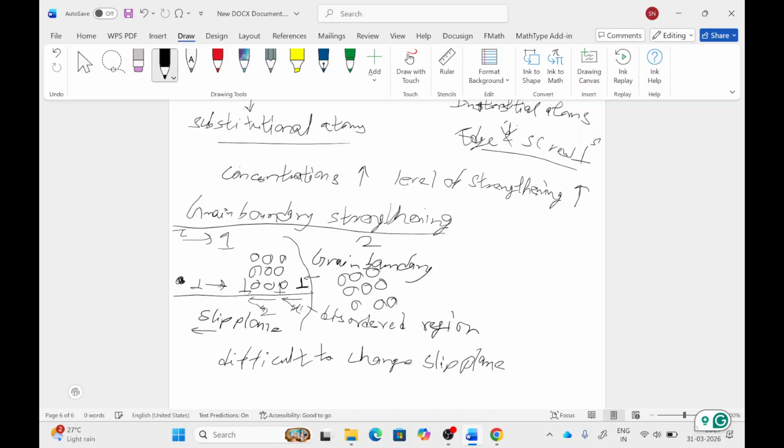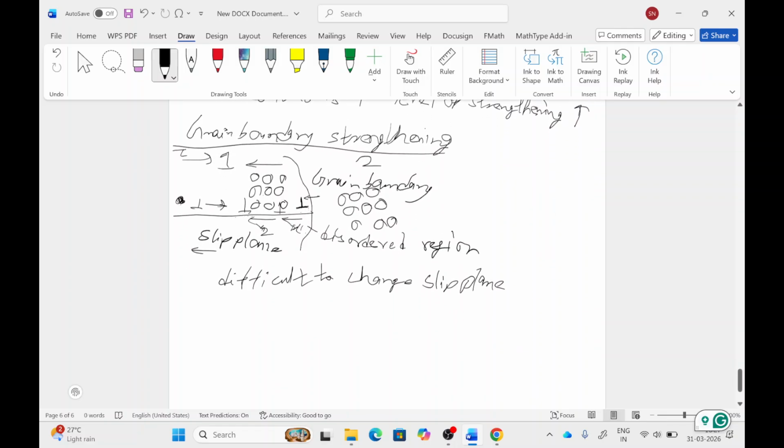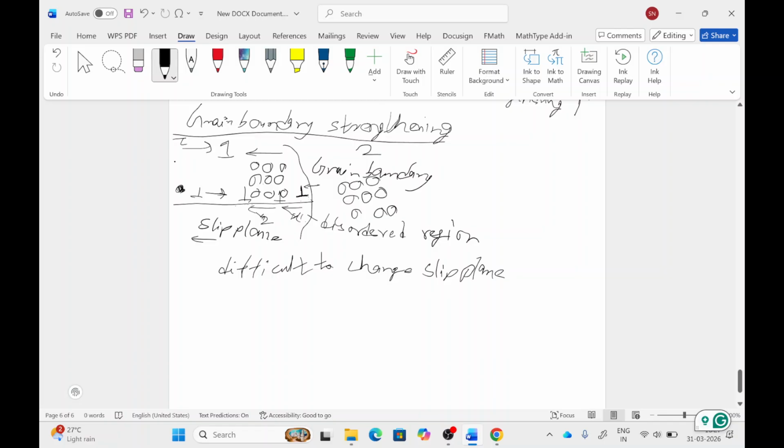So x2 is greater than x1 because of the forces they are experiencing on the slip plane, and because of the opposing force from the grain boundary and the accumulating dislocations. So this force from the grain boundary creates a back force in this direction. To be in equilibrium, the applied stress tau and this back stress are equal.